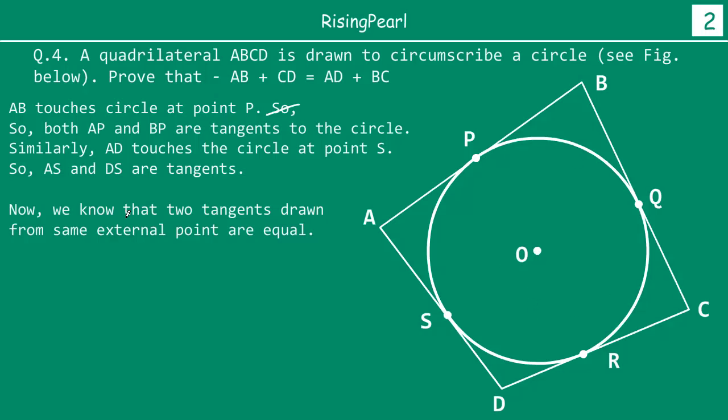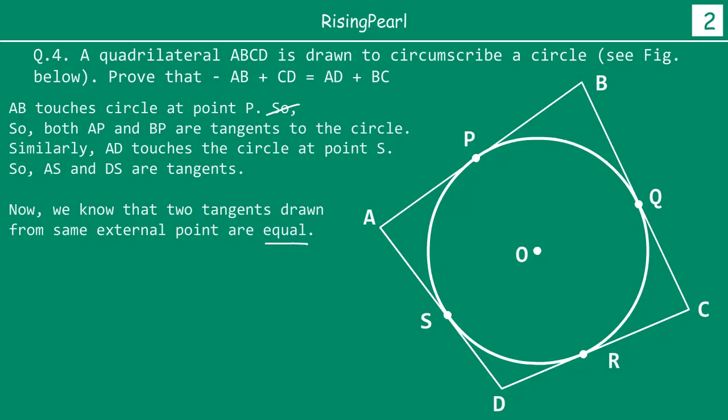Now we know the second theorem, which is that when 2 tangents are drawn from the same external point, those 2 tangents are equal in length. This is a theorem that we have seen.